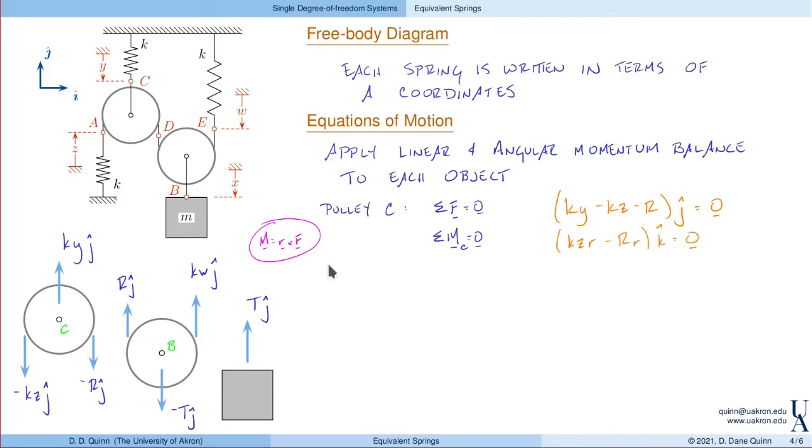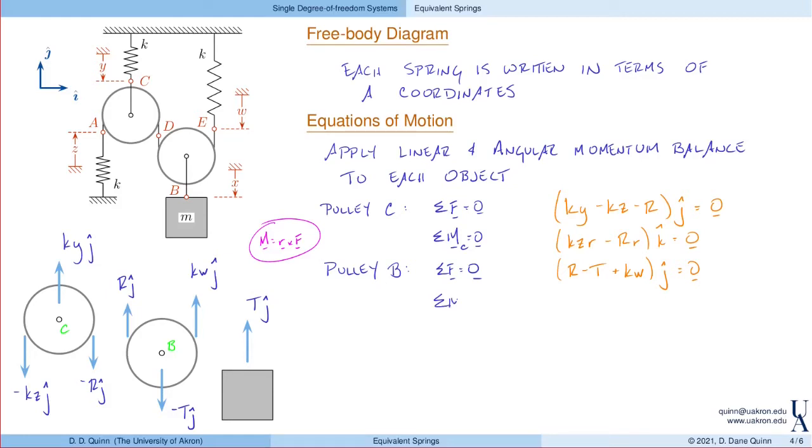We'll do the same for pulley B. Sum of the forces equals 0 because it's massless. And I have R minus T plus k times w, this is in the j direction, equals 0.